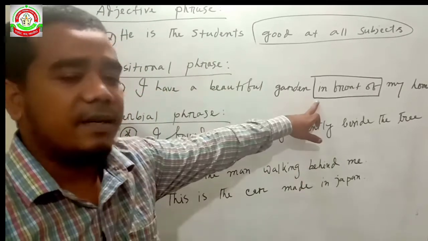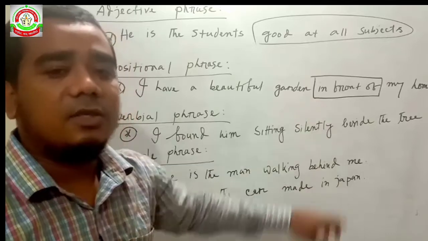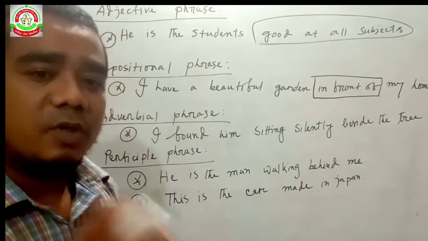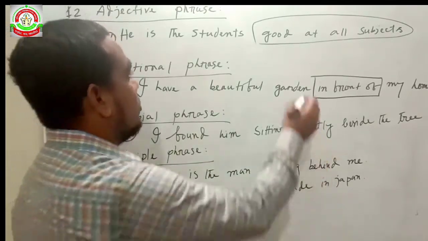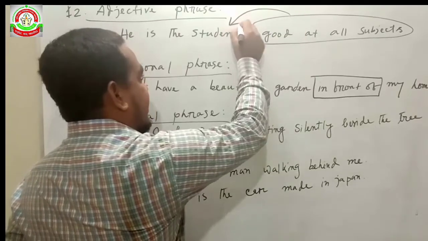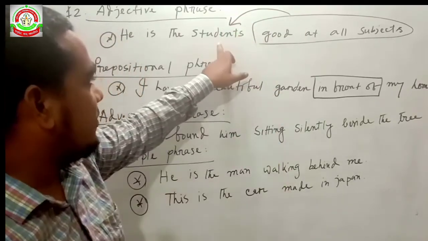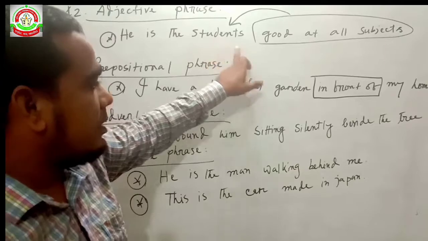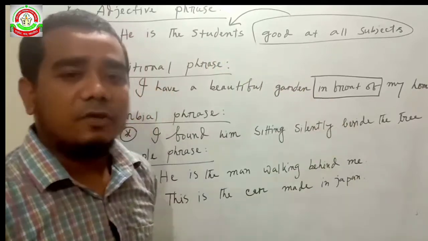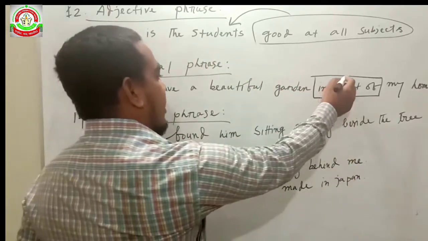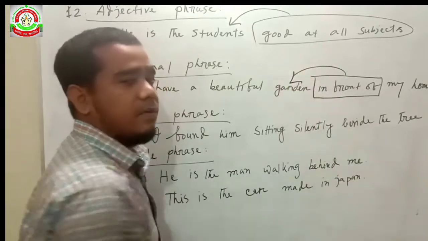Here, in front of is a prepositional phrase. Actually, a phrase always post modifies. Good at all subjects is an adjective phrase, so it post modifies the previous noun. In front of is a prepositional phrase, and it post modifies the previous noun.